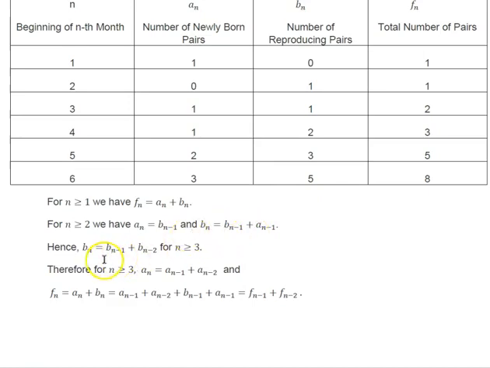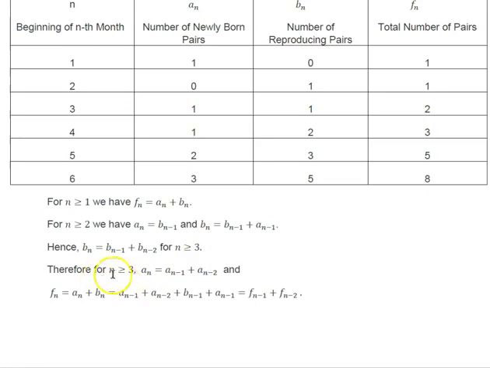Hence, b sub n is equal to b sub n minus 1 plus a sub n minus 1. Here we can replace a sub n minus 1 with b sub n minus 2, according to this. So this equality can be replaced with this one for n greater than or equal to 3.